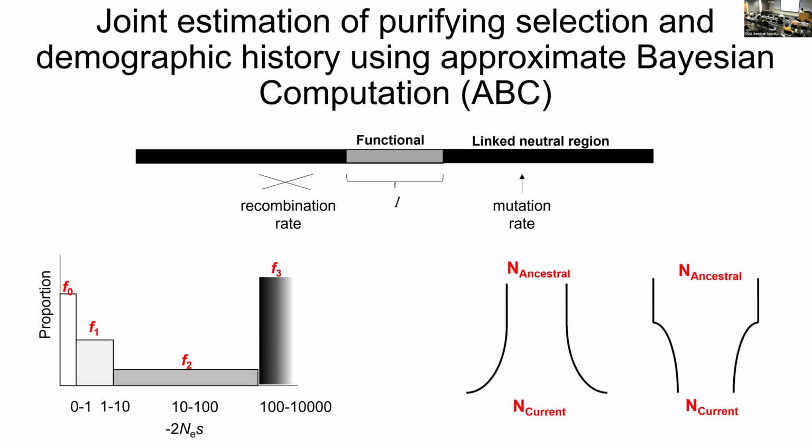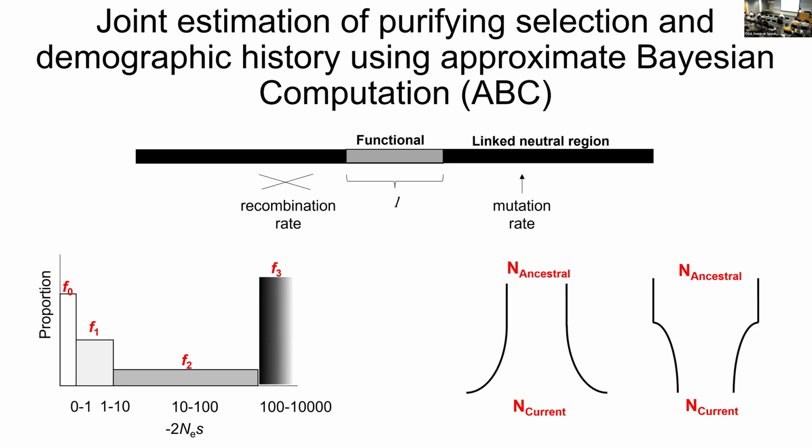Okay, so how we did this was that we simulated very specific functional regions in the Drosophila genome and in the human genome, where we took specific exons. We simulated those specific lengths and those local recombination and mutation rates for an arbitrary population history and selection. So these were all the parameters that we inferred, right?